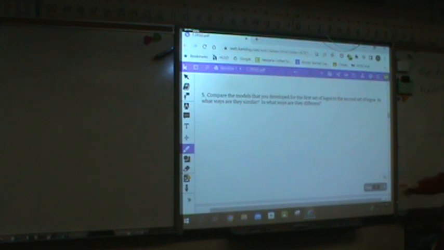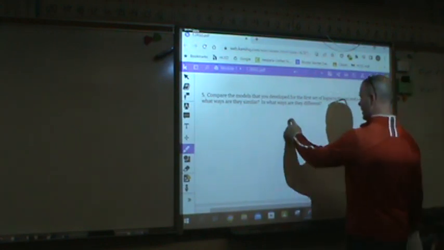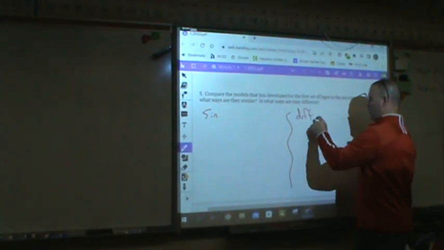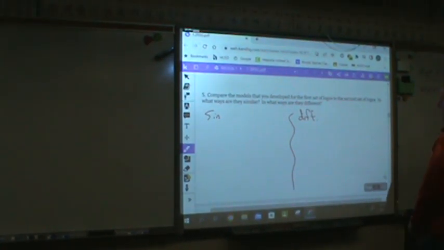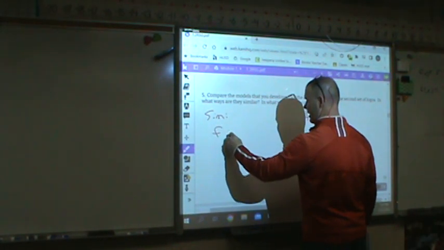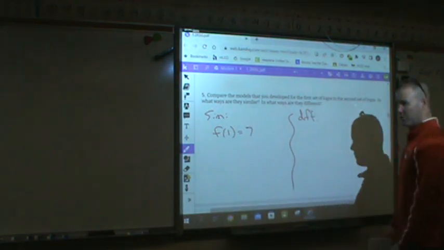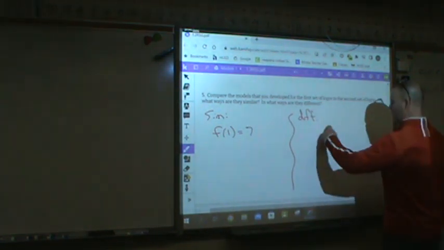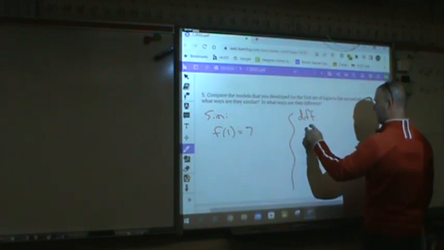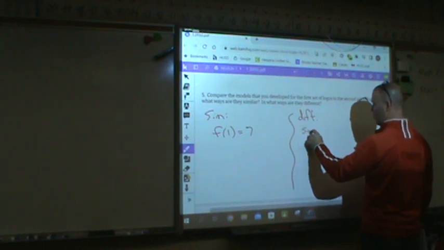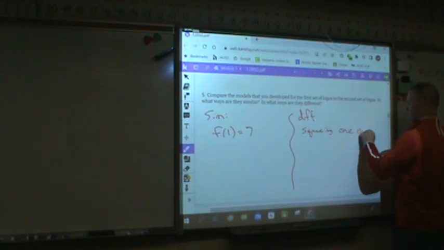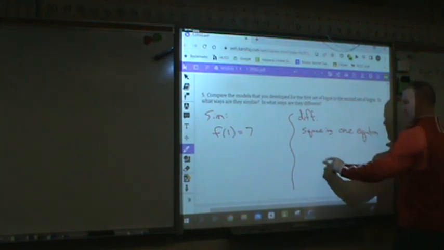Compare the models we developed for the first set of logos to the second. There's some similarities and some differences, right? There's a lot more differences than there are similarities. One of the similarities is that f of 1 was equal to 7. The first term was 7, that was a similarity. Differences in the equations: the equations were squaring n.